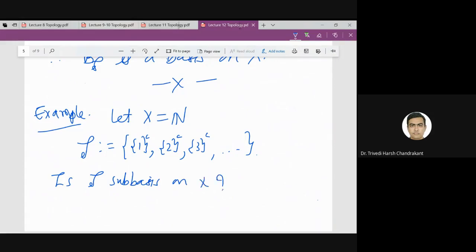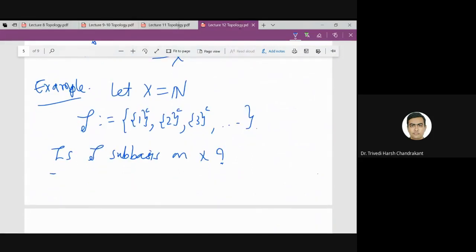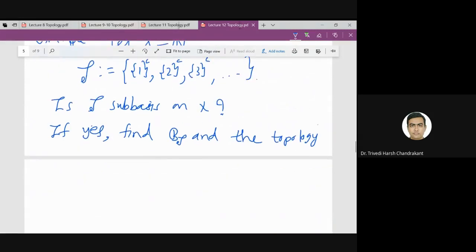So the answer is yes. Why is it a subbasis? Next question: if yes, then find B_S and the topology generated by B_S.